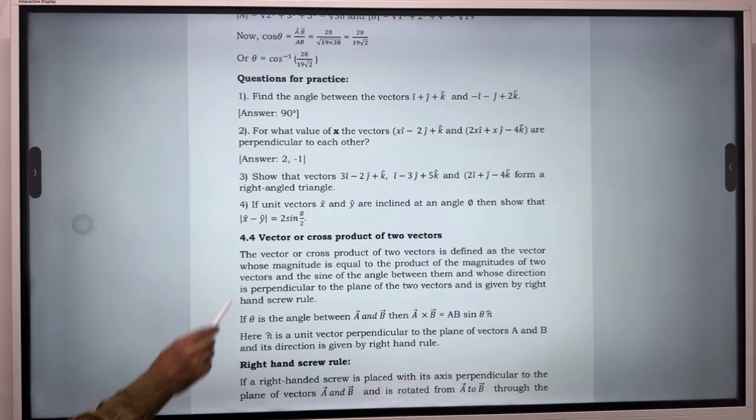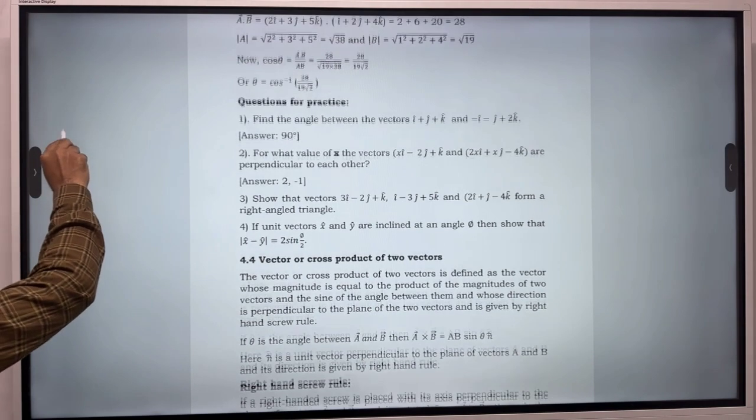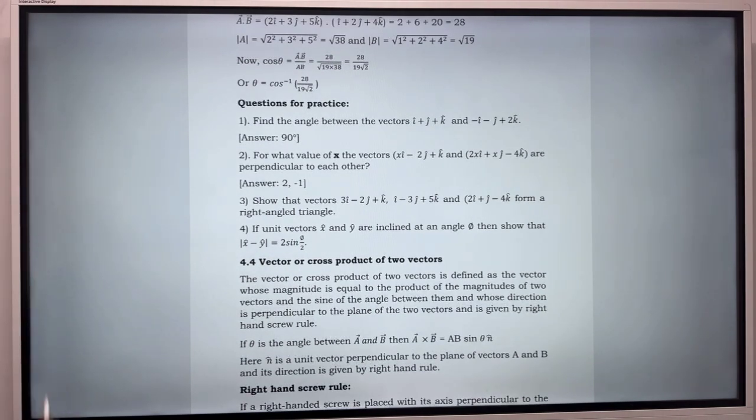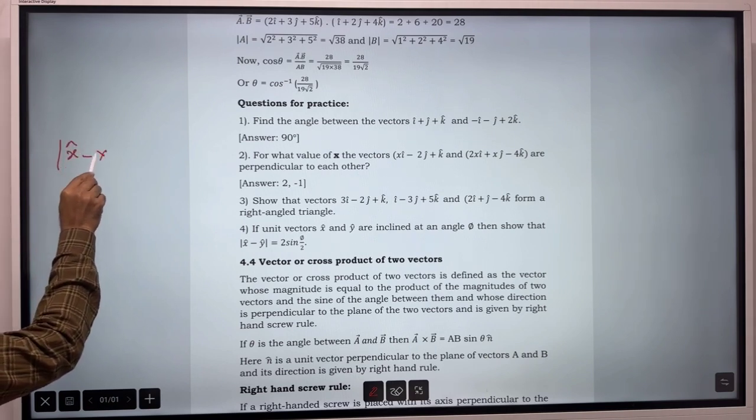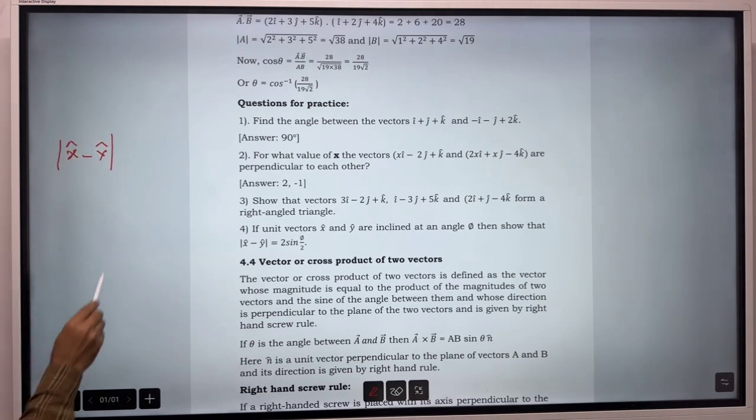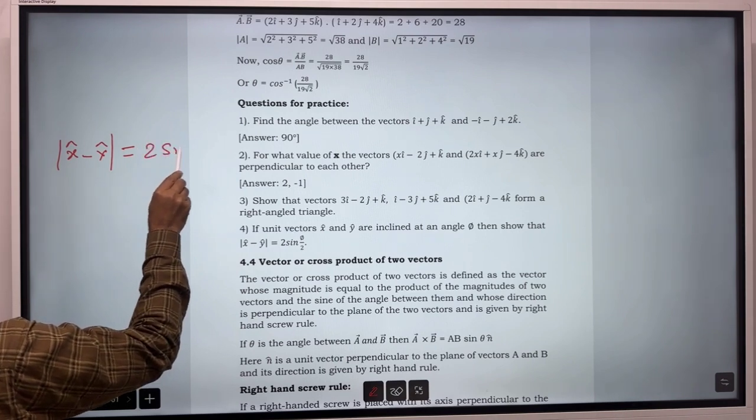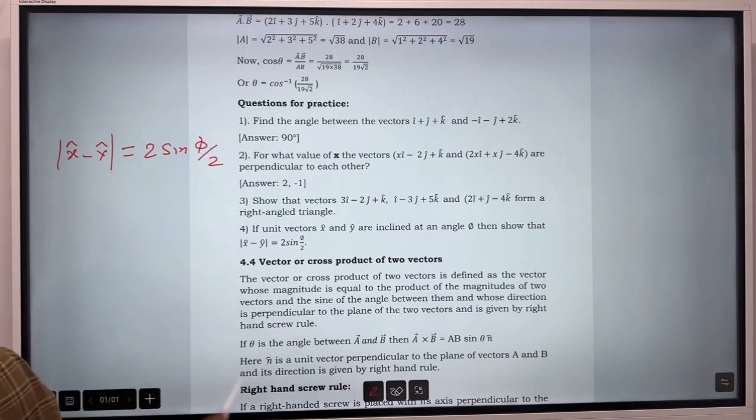Now next question: if unit vectors x cap and y cap are inclined at an angle phi, then show that modulus of x cap minus y cap is 2 sine phi by 2. Here you are given modulus x cap minus y cap is equal to 2 sine phi by 2. This is a little tricky question, but you can solve it.